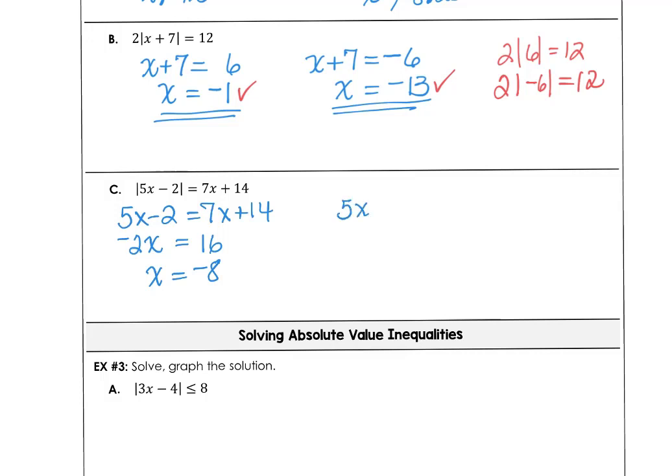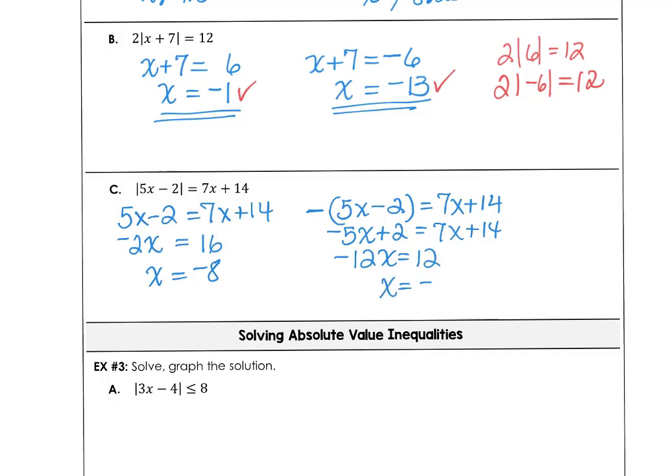So 5x minus 2, we want the opposite of that number, is 7x plus 14, which makes negative 5x plus 2, 7x plus 14. Collecting like terms, we have negative 12x equals 12, so x is negative 1.